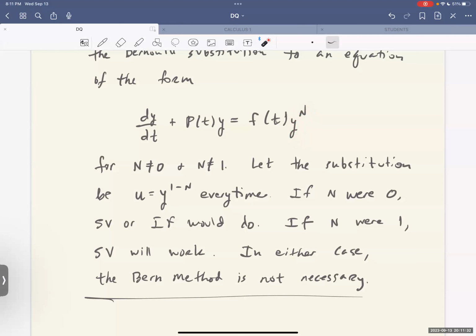If n is equal to 1, then you have to use separation. In either case, you don't need the Bernoulli substitution. If n is something else, then you use this as your substitution: u is equal to y to the 1 minus n.